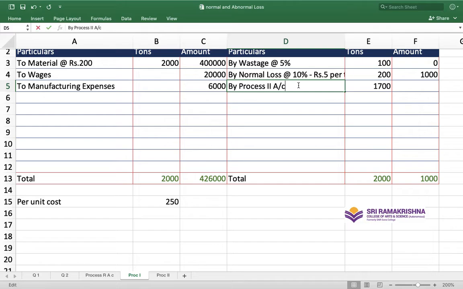So it will be transferred at rupees 250 per ton, 1700 into 250.